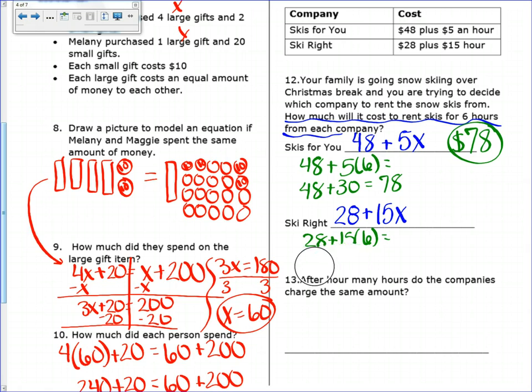So 15 times 6 is 75. So 28 plus 75 equals 118. So for Ski Right for 6 hours, it's going to cost $118.